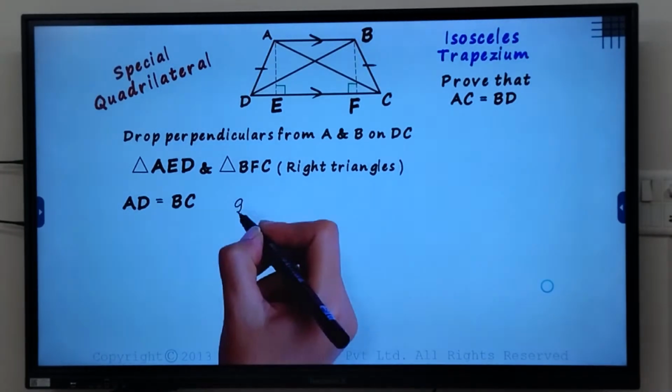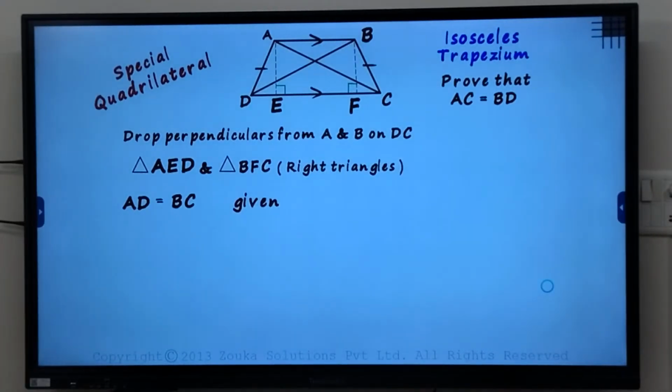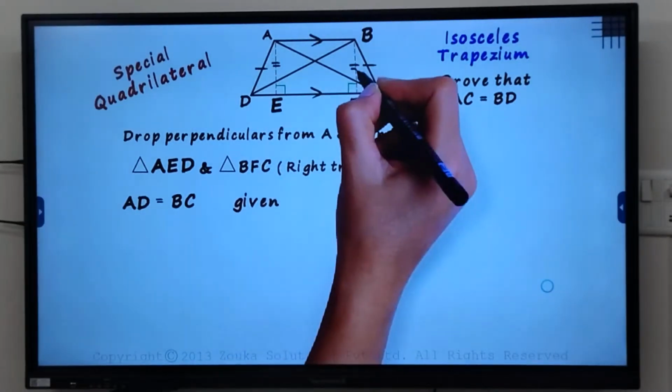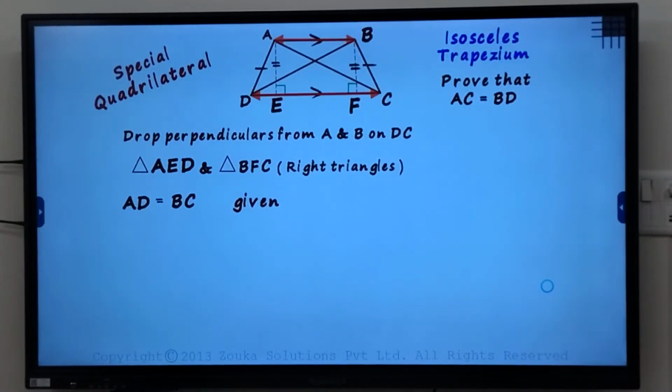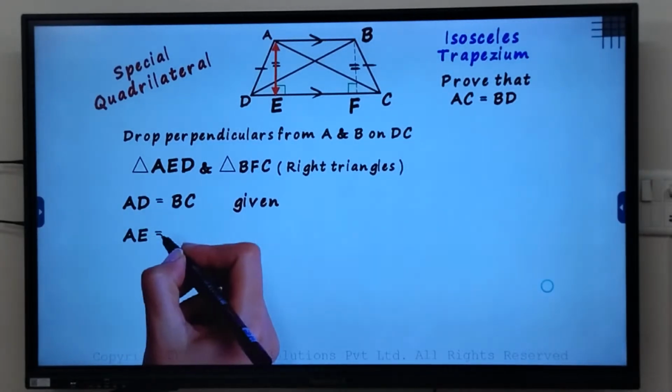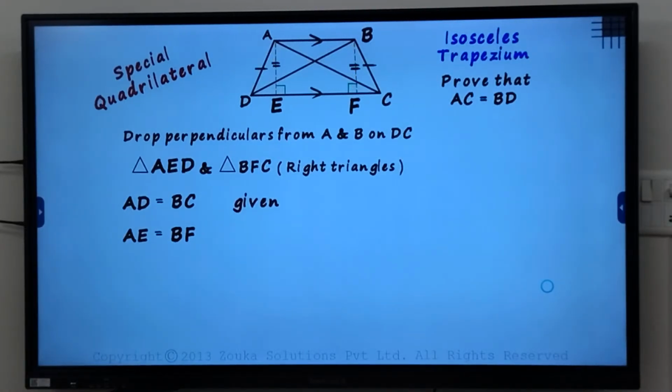This data is already given. Now this is the interesting part. We can also say that these two lengths are equal. The distance between two parallel lines is always equal. We can say AE is equal to BF. That's because altitudes between two parallel lines are always equal.